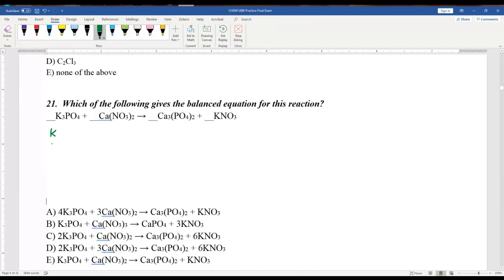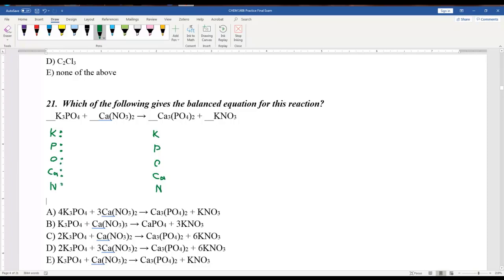So for this, I'm going to list out K, P, O, Ca, and N. I'm not going to list O twice. Then I'm going to list the same elements in the same order, K, P, O, Ca, and N. And it's important that I do it in the same order so that I can keep track of them and I can compare them more easily. So once I've listed out my elements, I know how many each I have.